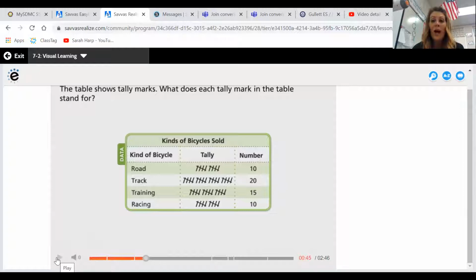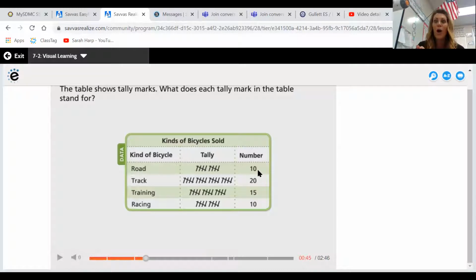So you should have talked about tally marks and done tally marks in second and even in first grade. But if you don't know, if you look here, we've got the number 10, right? So if we look at our tally marks and we count them, 1, 2, 3, 4, 5. 5 plus 5 is 10. So each tally mark counts for 1. And when we do tally marks, we say 1, 2, 3, 4.